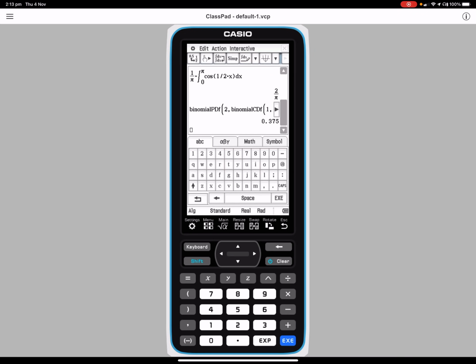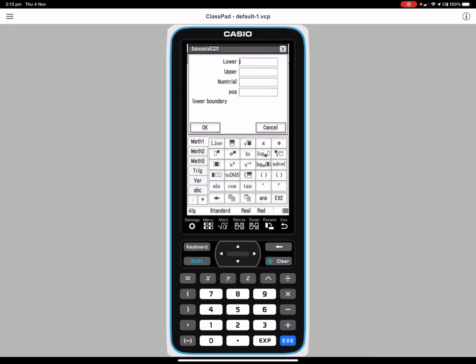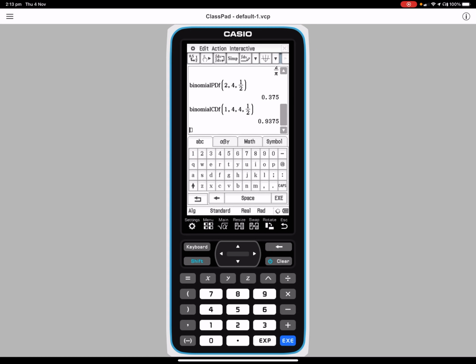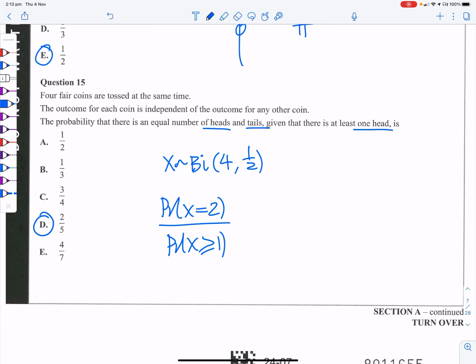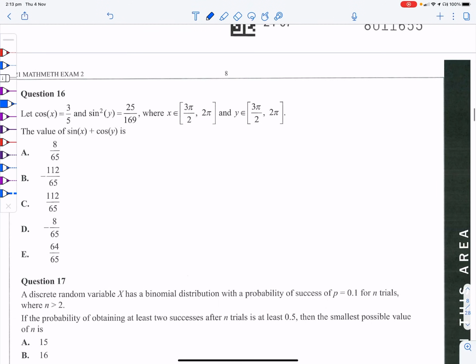So 1 to 4 out of 4 and a half chance. Okay, so that divided by that is 2/5. Now they could be in any order, that's why I used binomial PDF and CDF.